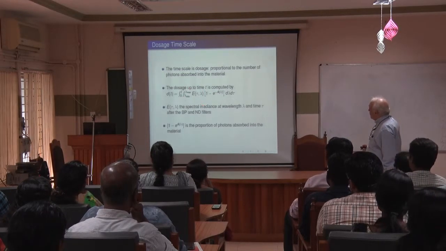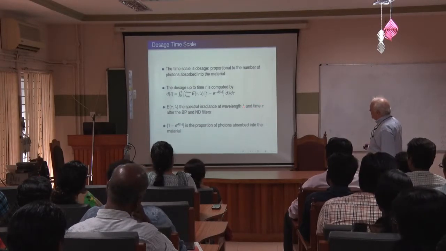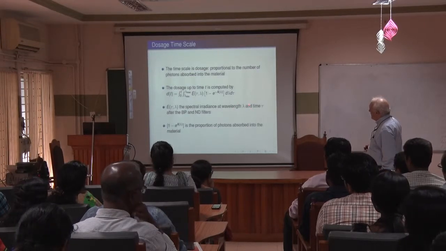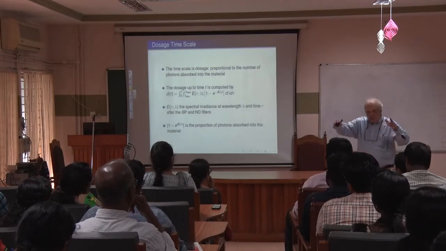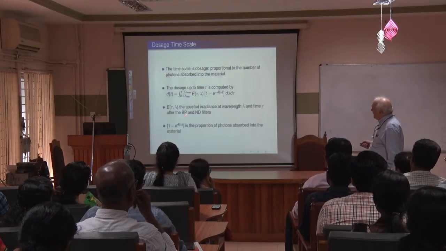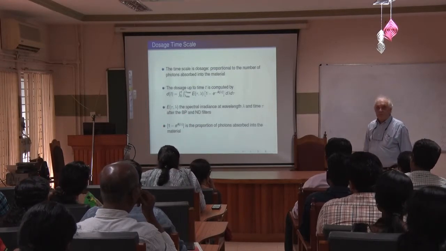This is what is known as the spectral irradiance, and it is a function of the wavelength and time. And so you can think of that as being the whole spectrum. And then this factor here sort of looks like a probability distribution.